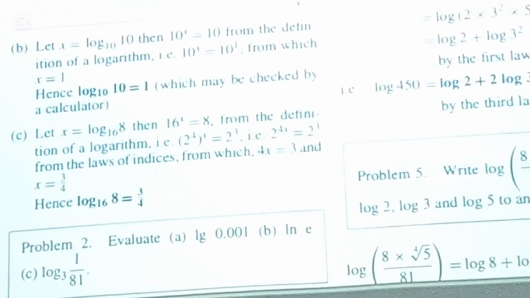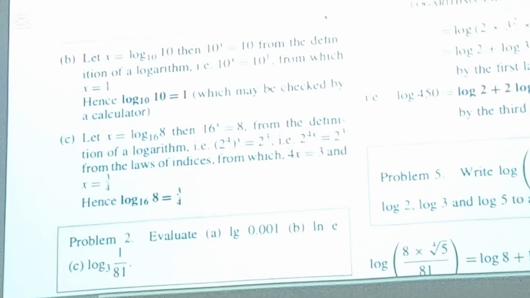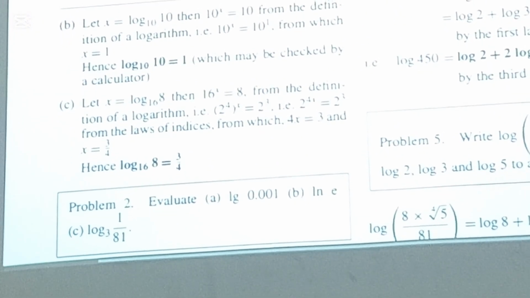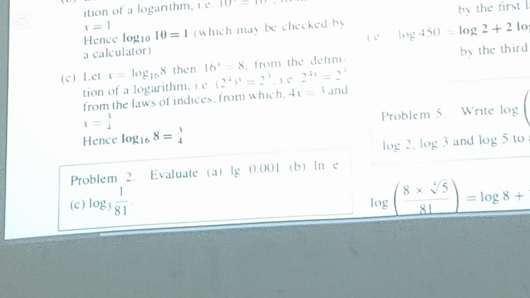You can remove the base number if the base number is similar. If the base number is not similar, you cannot.